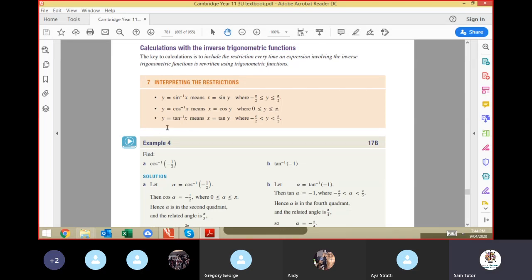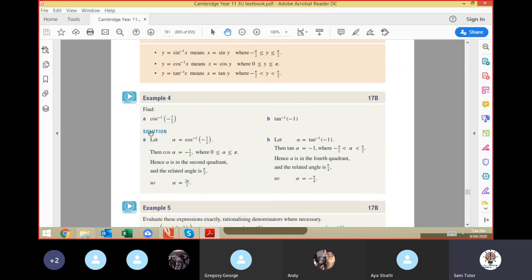Y equals inverse tan, y must be between negative 90 and 90. Yeah, we know that, but find inverse cos of negative half.